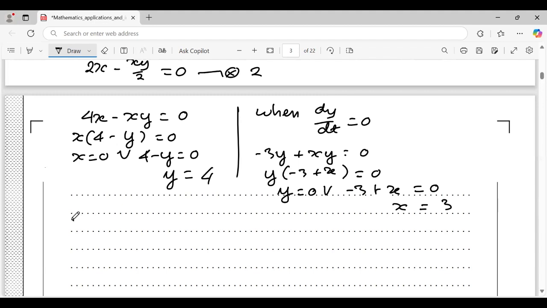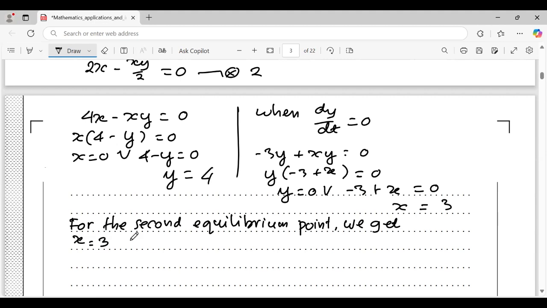So we are going to state that for the second equilibrium point, we get that x equals 3 and y equals 4.